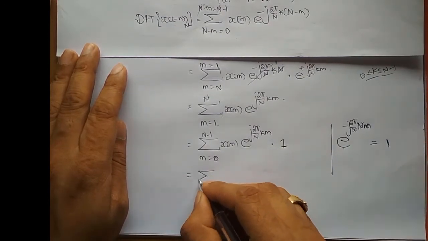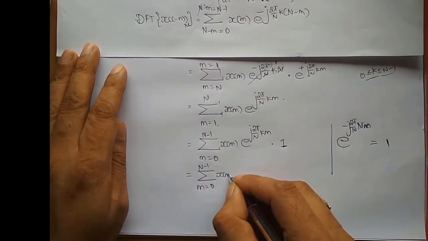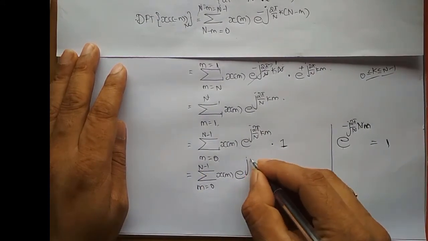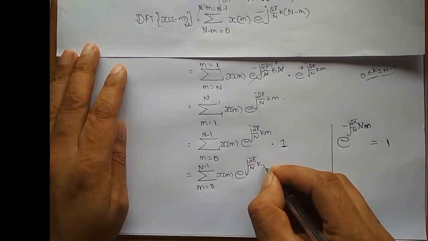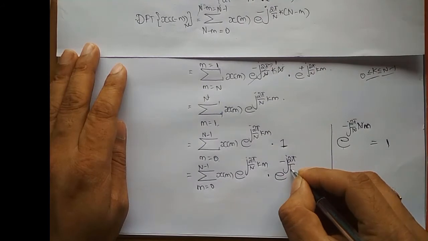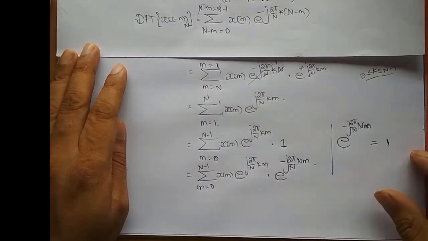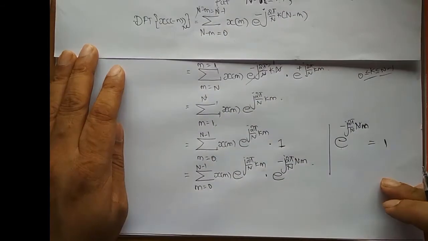So this becomes summation m varying from 0 to n minus 1 x of m e power j 2 pi by n into k into m into e power minus j 2 pi by n into m. Right?